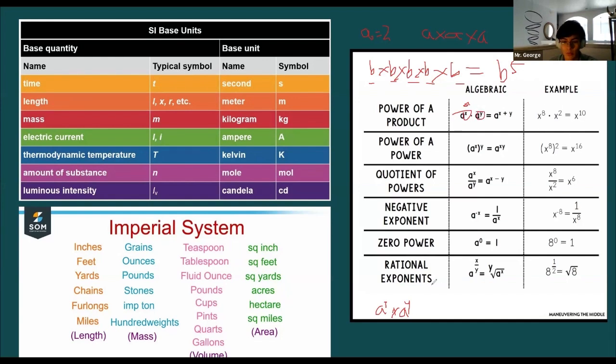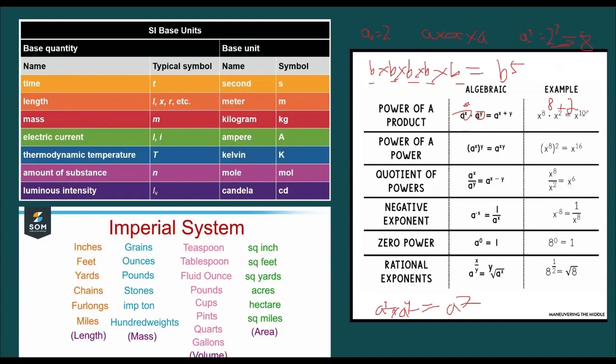Anyone tell me what this would be? It would be A to the power of 7, because this is 3 and this is 4. It's best exemplified right here: x to the power of 8 times x to the power of 2. What is 8 plus 2? 10. So that's why there's 10 right there.